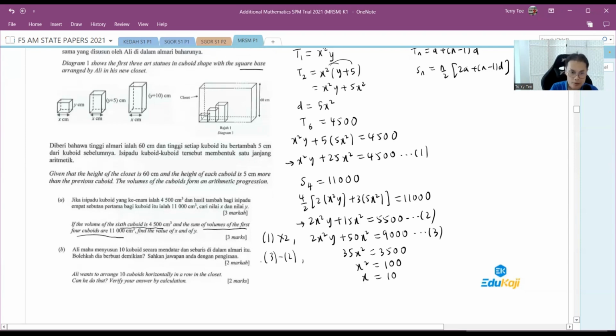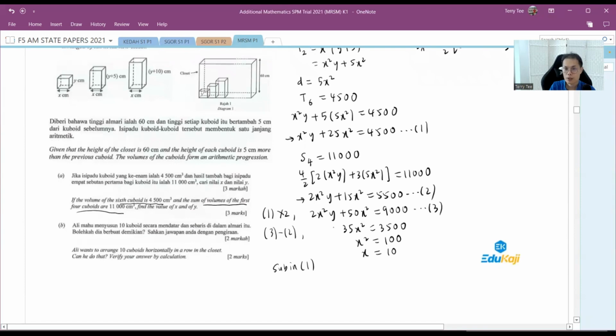Okay, now that I know x equals 10, the next thing is to find my y. So let us sub inside equation number 1. You can sub inside any equation. So I put equation 1 here. Now in my equation 1, my x is now 10. You square it, this y here, and then you plus 25. Your x is now 10. You square it, it's going to be 100. Actually, you can just write 100. The result is 4,500. Yeah, I'm substituting inside equation 1 over here.